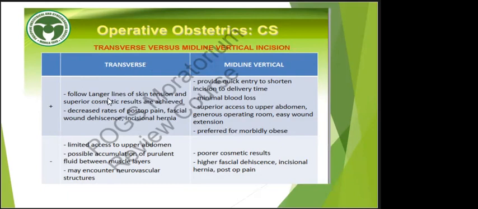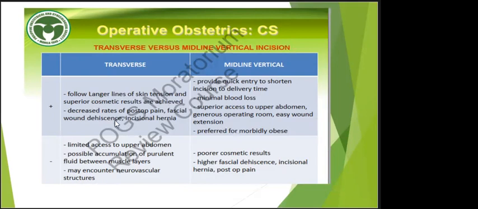Okay, it follows the Langer lines of skin tension. It is superior because cosmetically or aesthetically, it is favorable to some patients. Okay, they say it causes less pain. Okay, less dehiscence, all right?